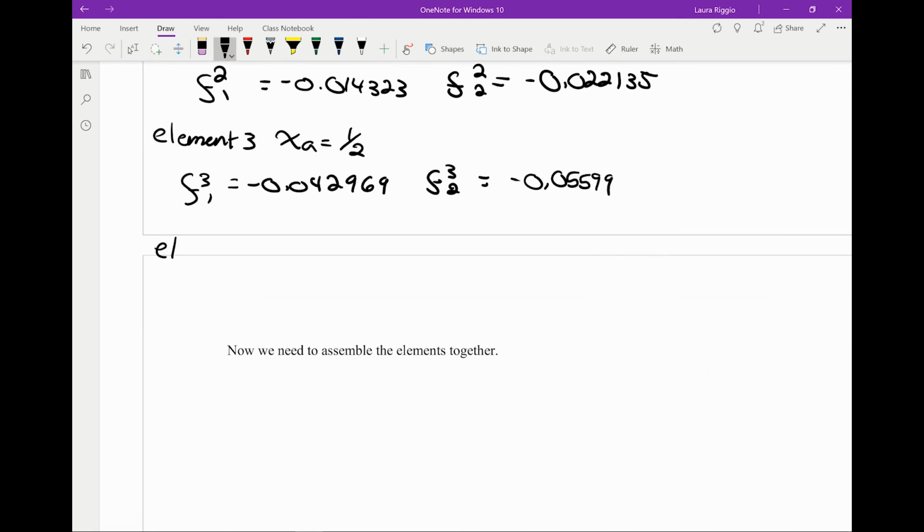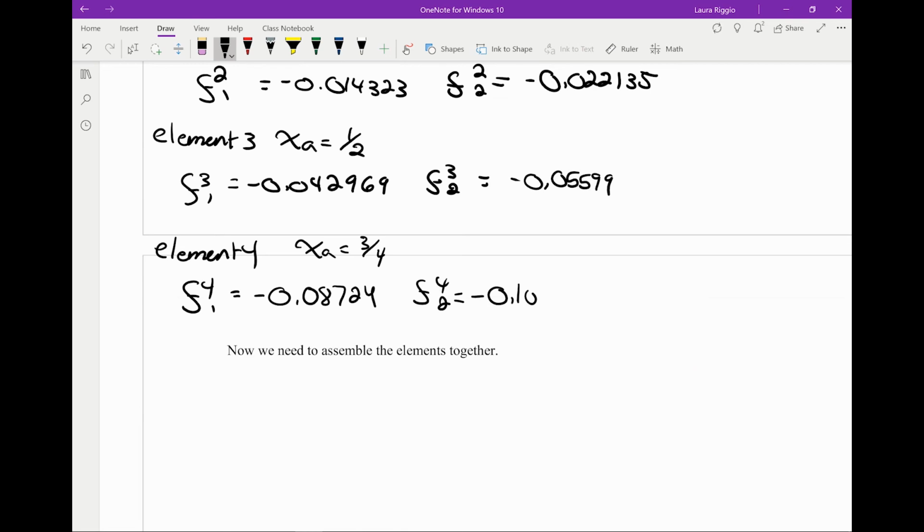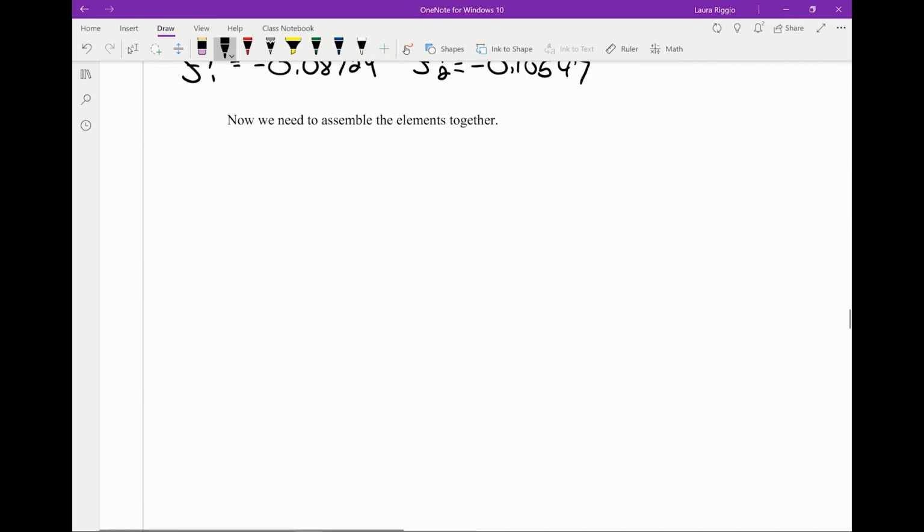And then we have element 4. xa is now equal to 3/4. Get f41 is equal to minus 0.08724. And f42 is equal to minus 0.10547. So now we're going to assemble everything together.